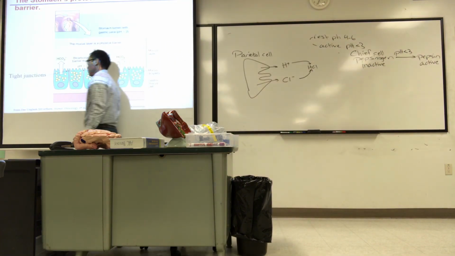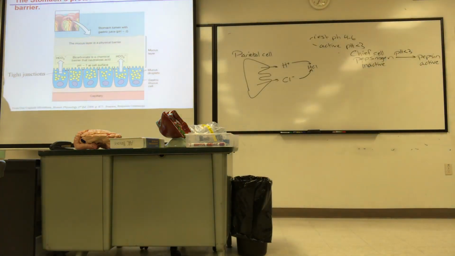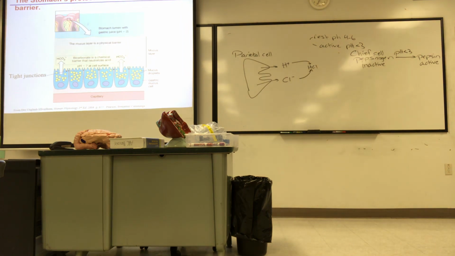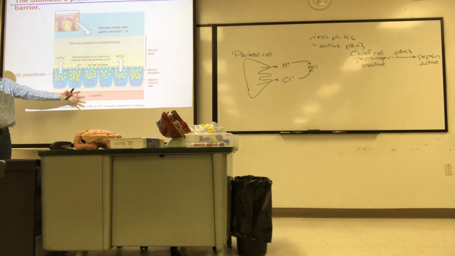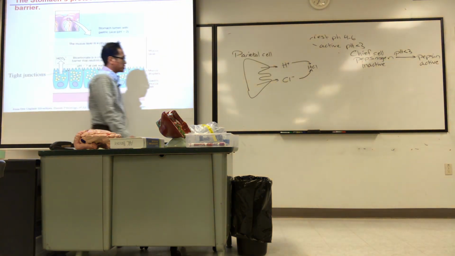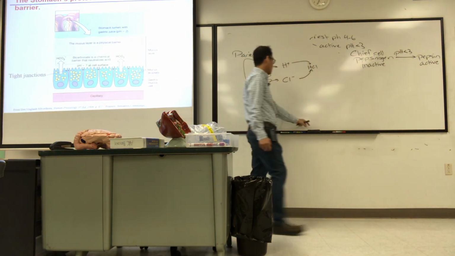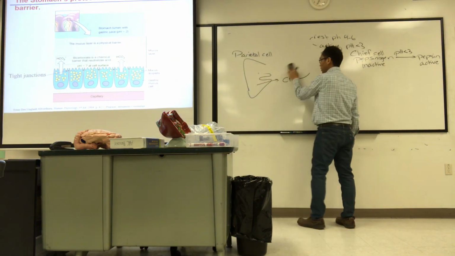So what happens is those mucus cells, when they secrete the mucus, will trap the bicarb, creating this physical and chemical barrier. So at the level of the cell, it's pH 7, neutral. So that way you don't auto-digest the stomach lining. Of course, you can still get stomach ulcers, but everything's working okay.